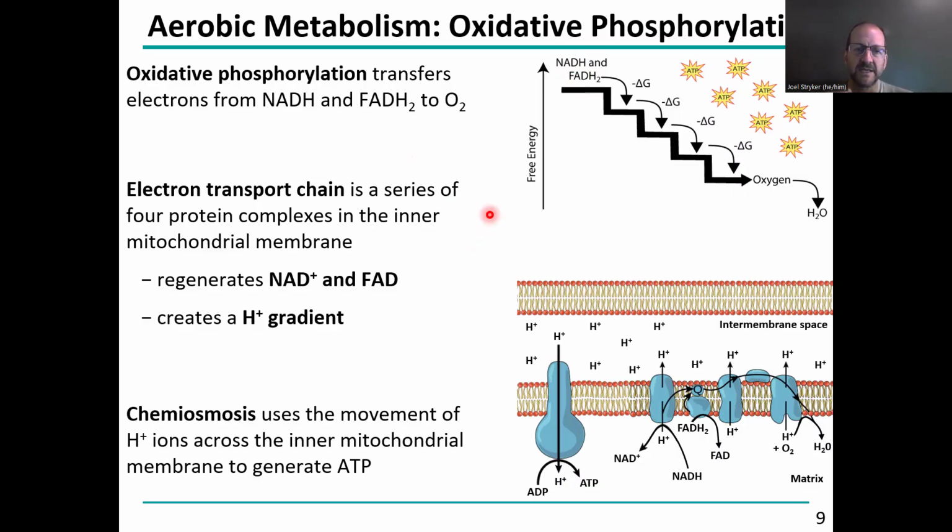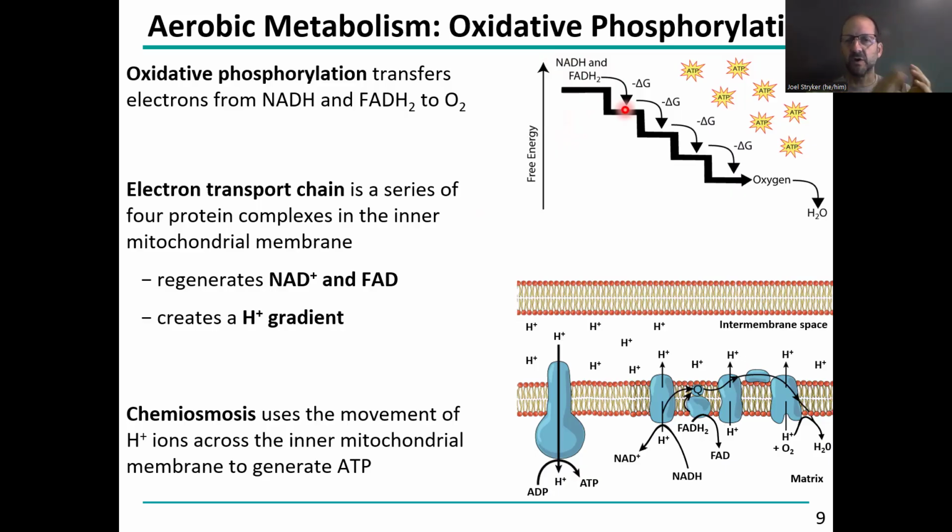This is a series of redox reactions. These electrons are coming in as part of NADH and FADH2, and essentially those electrons are going to transfer from a high energy molecule to a slightly lower energy molecule. In other words, it's going to transfer from a molecule that is less electron hungry to more electron hungry.